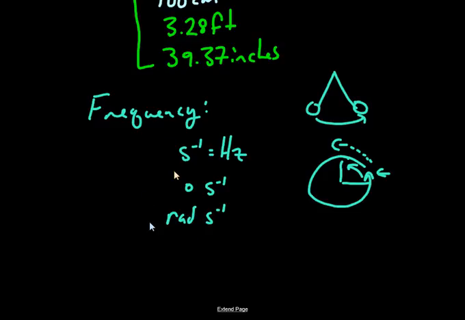So these are measurement units talking about the physical idea of how often something repeats or revolves or rotates, and there are different ways of measuring that. So this is the measurement, and this is the physical idea or quantity that we're trying to measure.